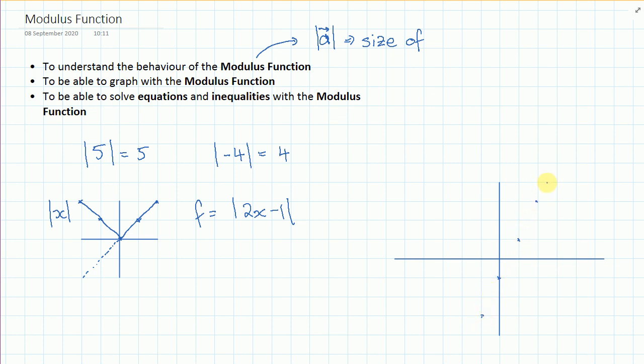So my line for 2x -1 gives me this line, and I'm going to label it down the bottom, 2x -1. Now for all points where it's negative, where it goes below the axis, you reflect it up. So the actual reflection of this leads us to a line doing that. So we reflect these points going up.